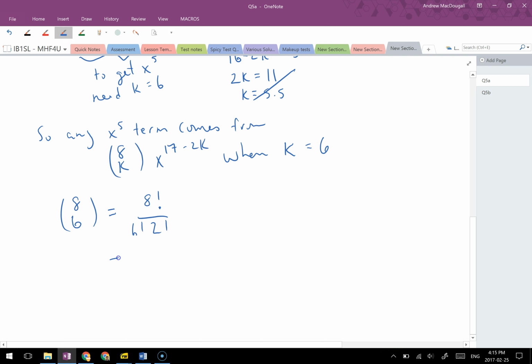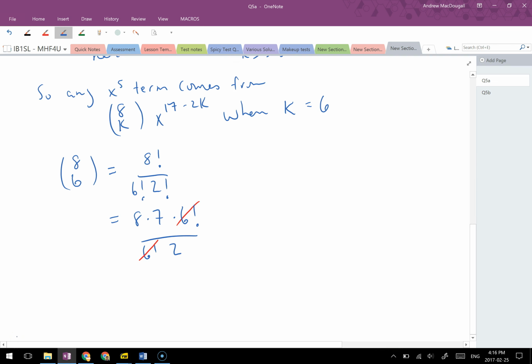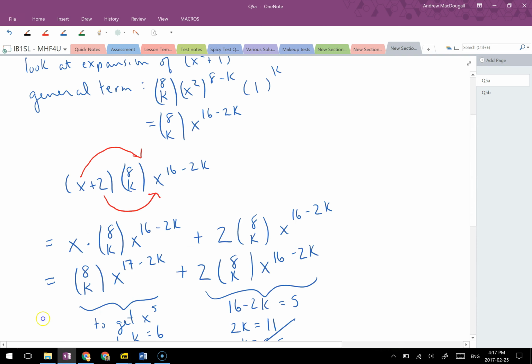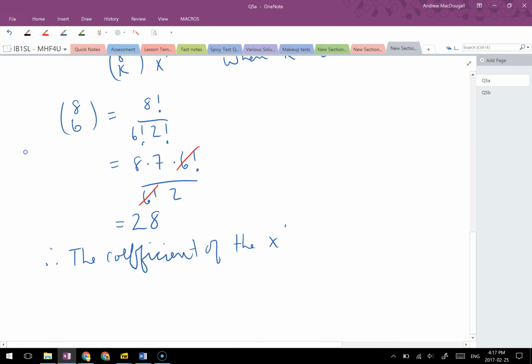And we remember our little manipulations of these factorials we can do. 2 factorial is just 2. These 6 factorials cancel, so we get 56 divided by 2, which is 28. So therefore, the coefficient of the x to the, this is 6 or 5, sorry, I keep forgetting, this is x^5, is 28.